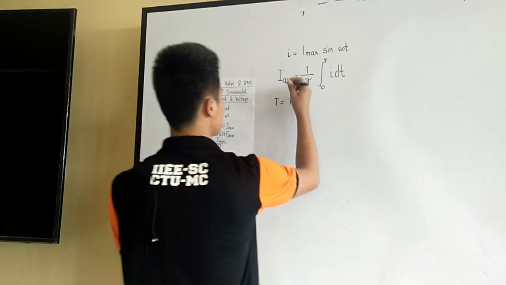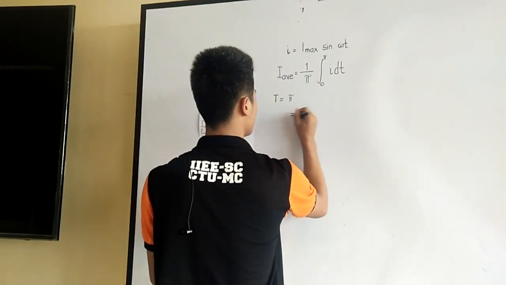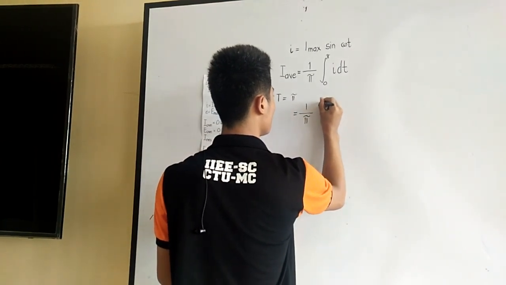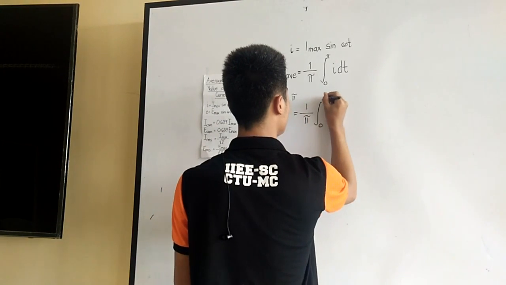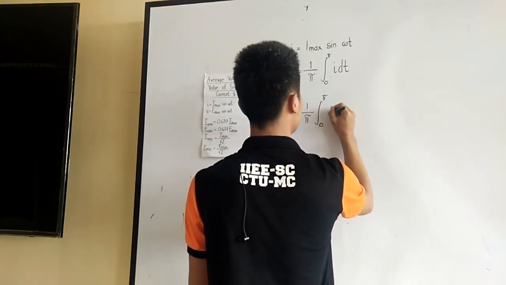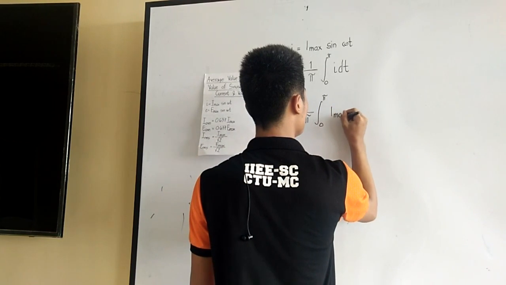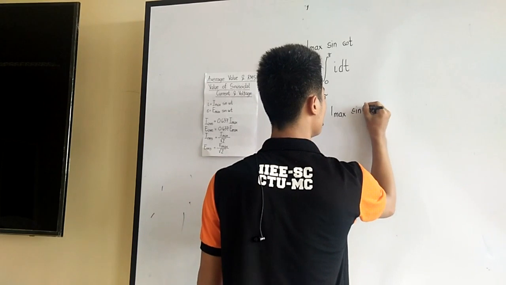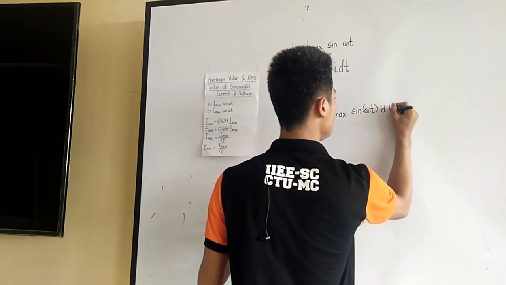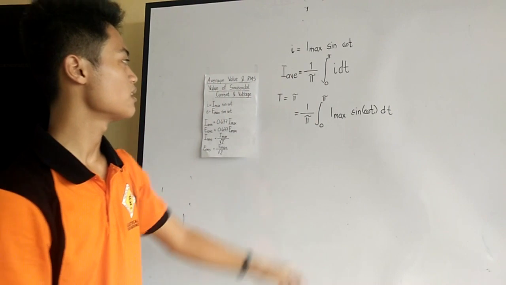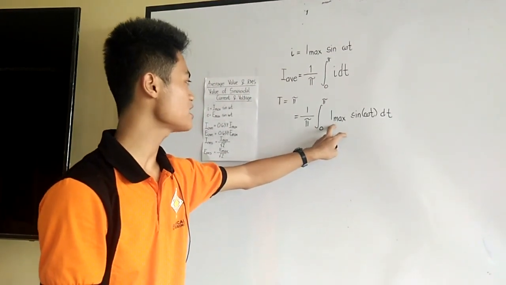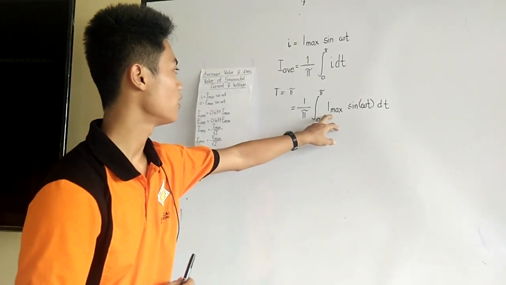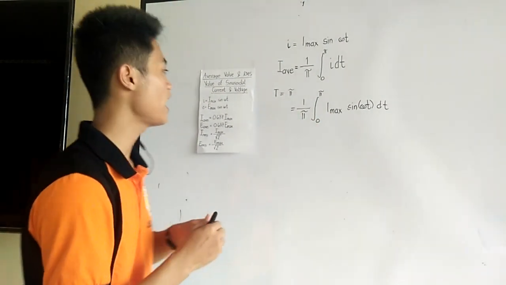So we will substitute it. Then, since the maximum current is a constant term, we will extract it from the sign of the integral.